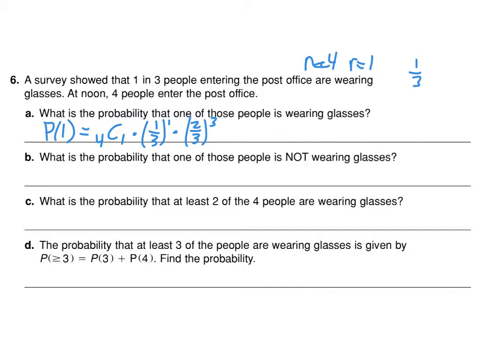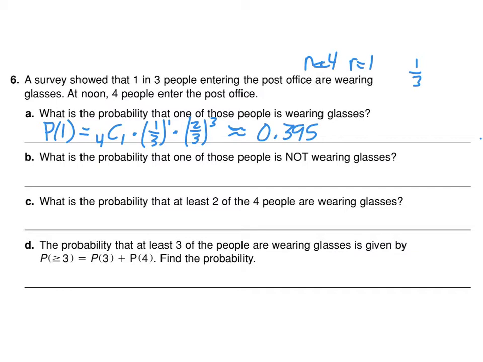I cranked that out on the old calculator, and it was approximately 0.395. You might want to call that 0.40. That's the probability, if we chose one of the 4 people, that they'd be wearing glasses. Letter B says, what is the probability that one of those people is not wearing glasses?